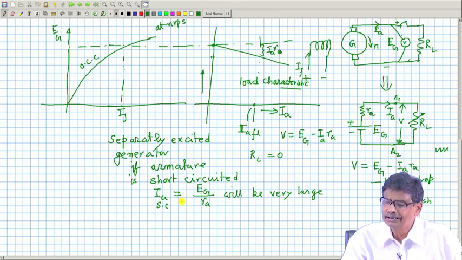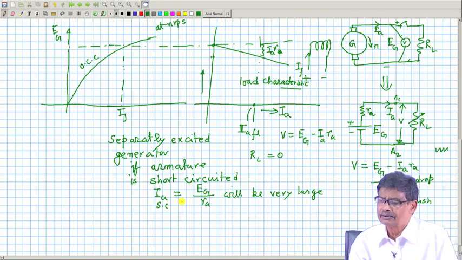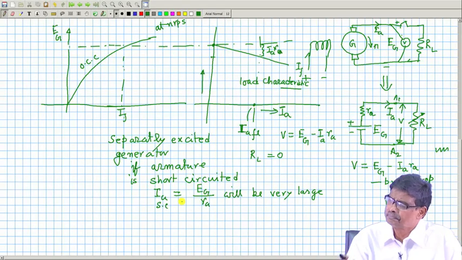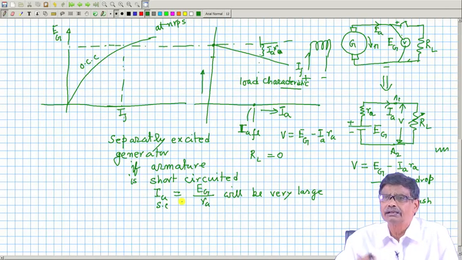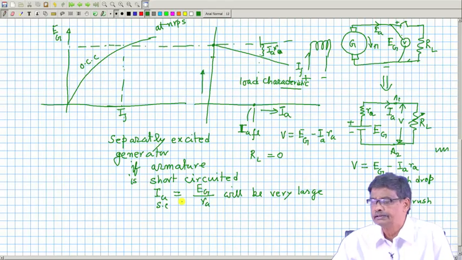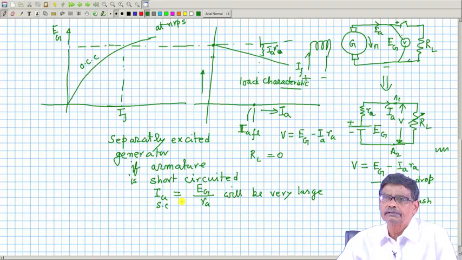Okay. So, separately excited generators are good, and at one time they were used, but the only drawback of this generator is that you want to generate DC voltage, but at the very beginning you are asking for another DC source. That is the problem.